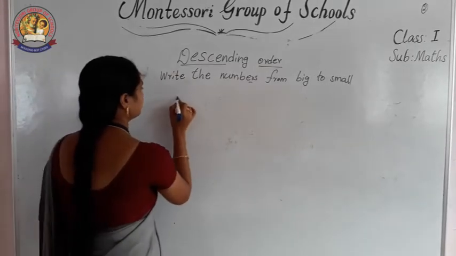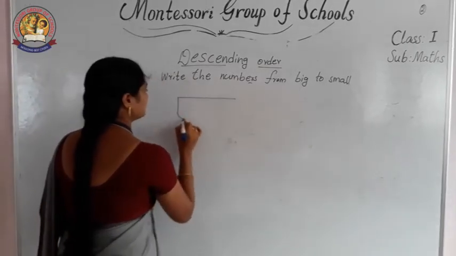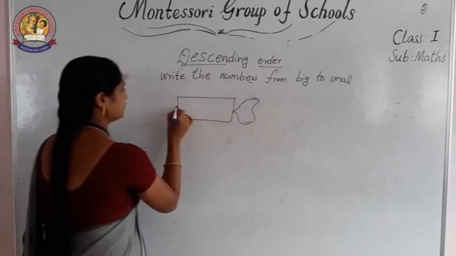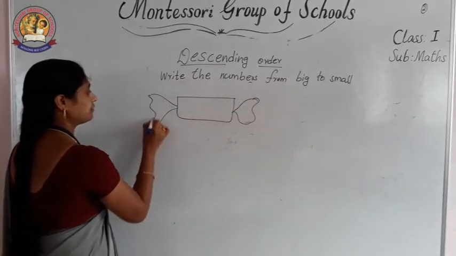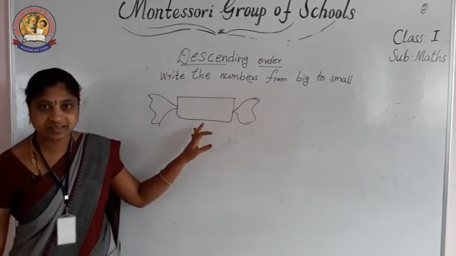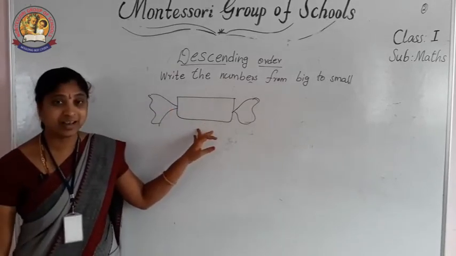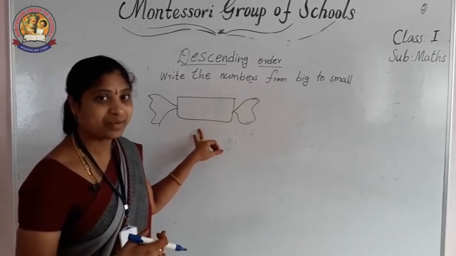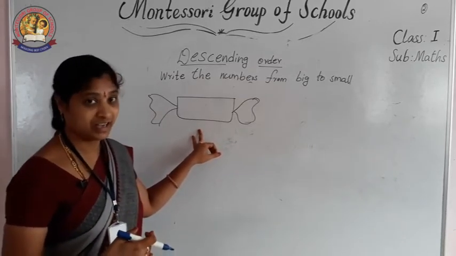Look here. What is this? You know very well. At birthday time you distribute this. Yes or no? It is chocolate.